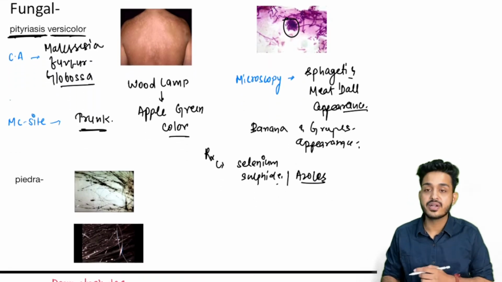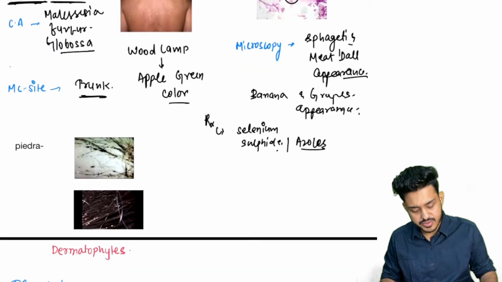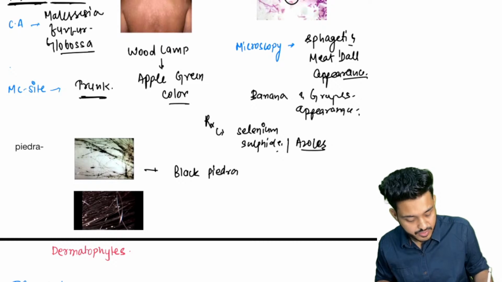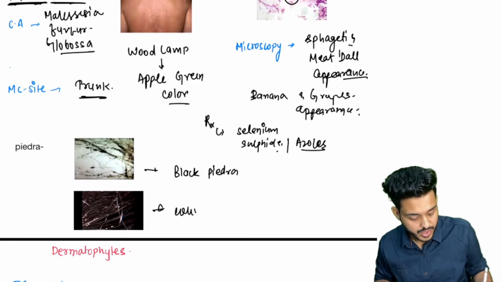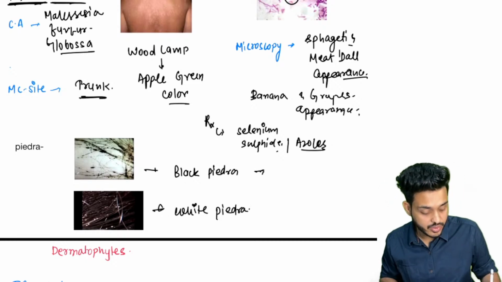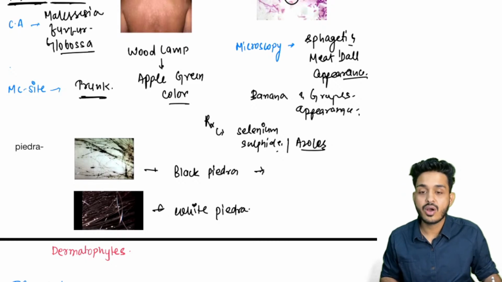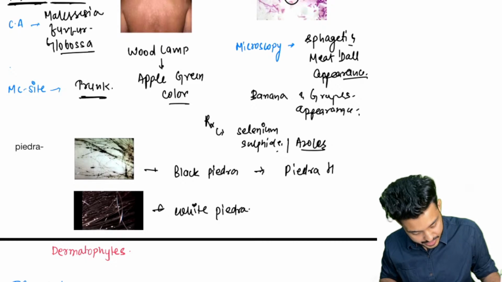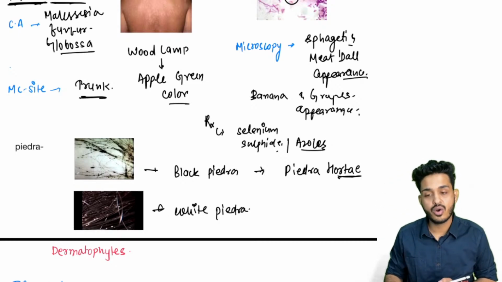Next one is your piedra. Piedra is of two important types. First one is black piedra, second one is white piedra. Black will be hot. Whenever you wear black you look hot, so black will be hot. That is due to Piedraia hortae.